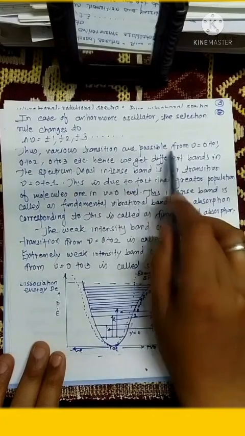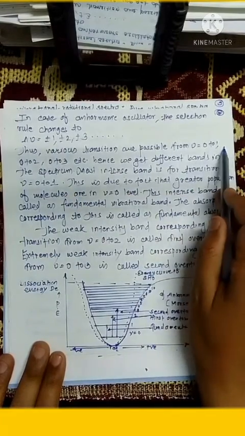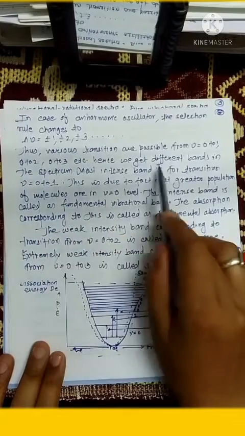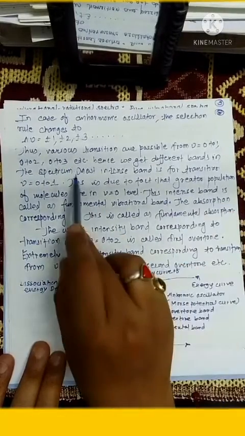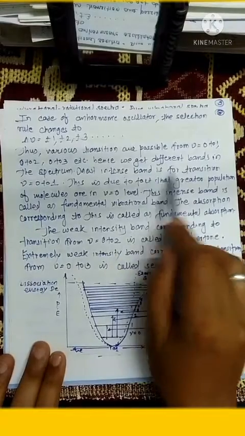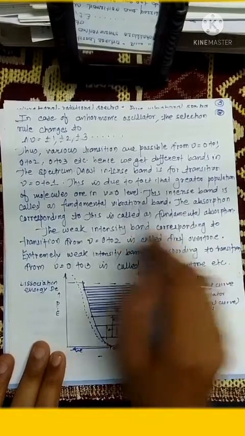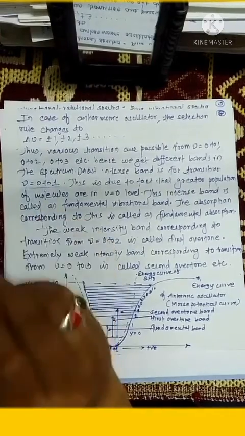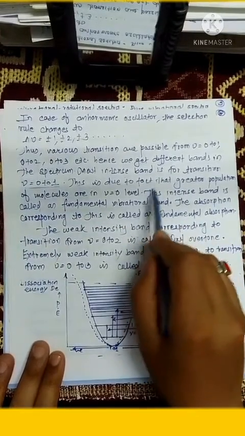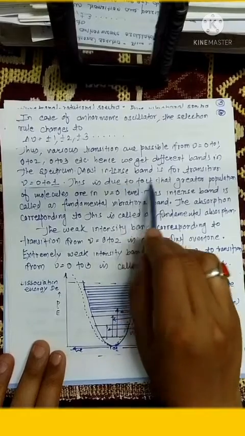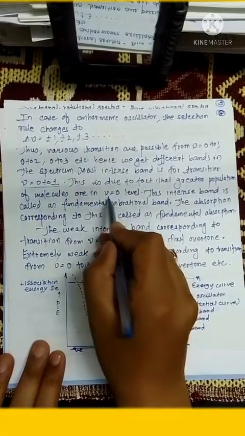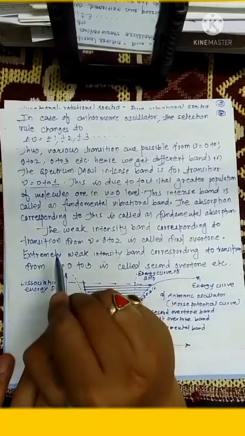Thus various transitions are possible from 0 to 1, 0 to 2, 0 to 3, etc. Hence we get different bands in the spectrum. Most intense band is for the transition ν is equal to 0 to 1, because the greater population of molecules is in ν 0 level.